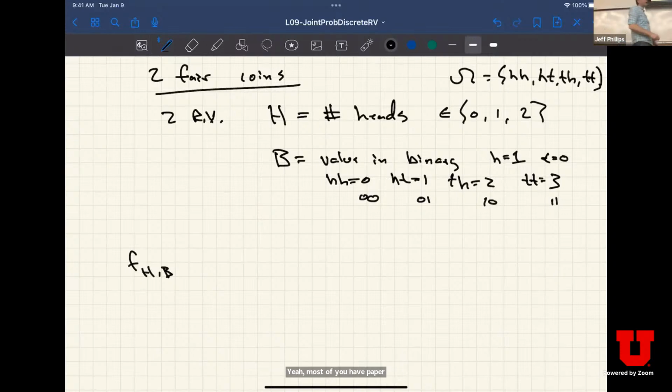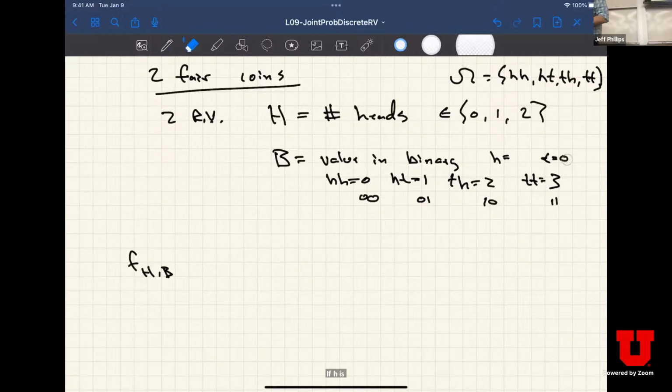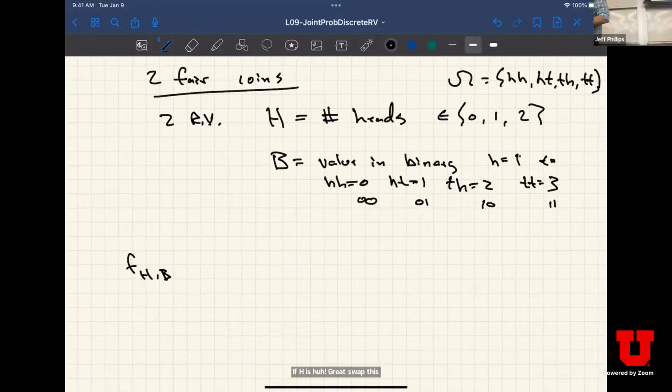If heads is 0 and tails is 1, great. Take a couple of minutes and try to write down what the PDF of this is.